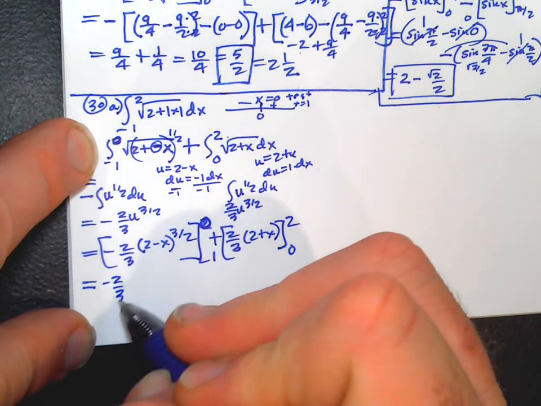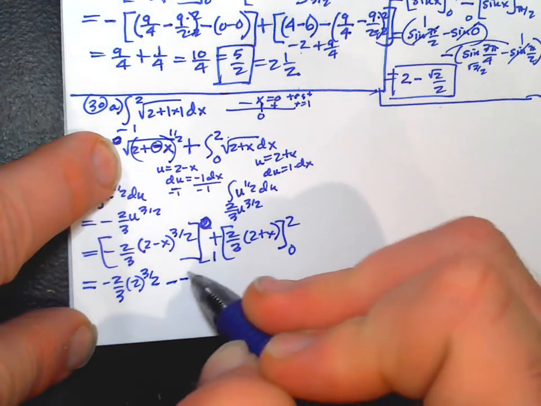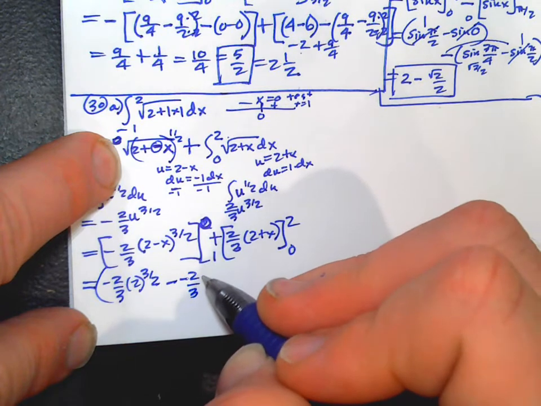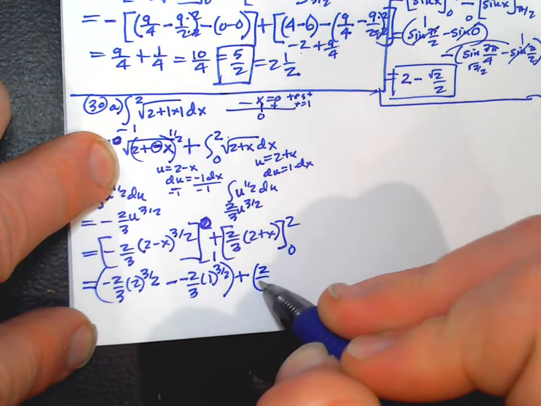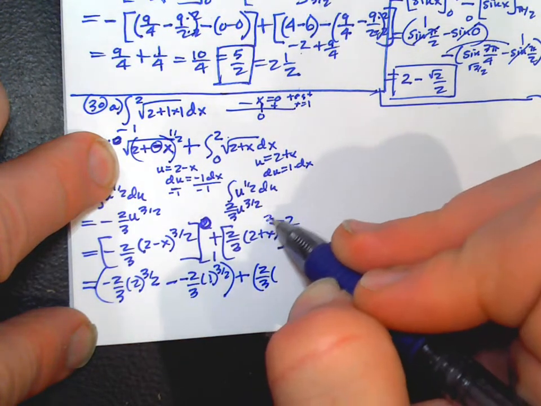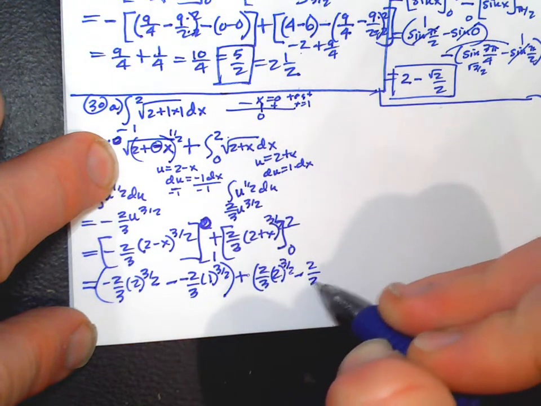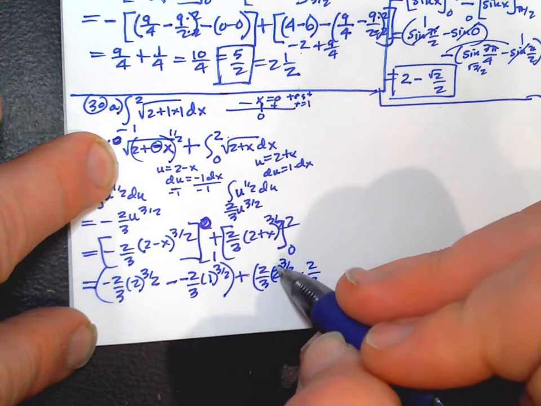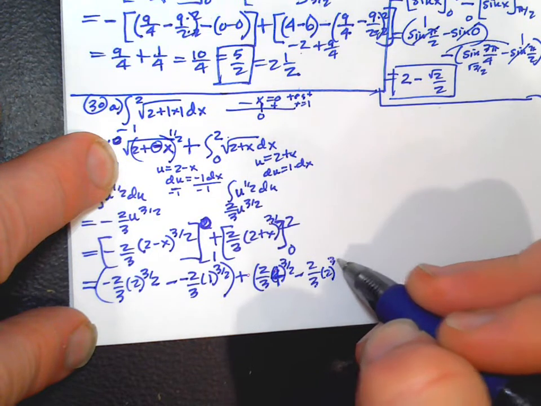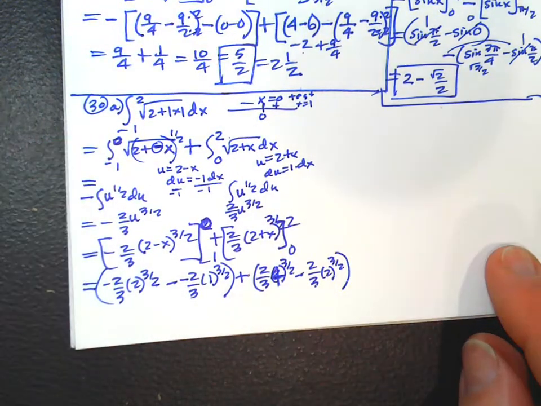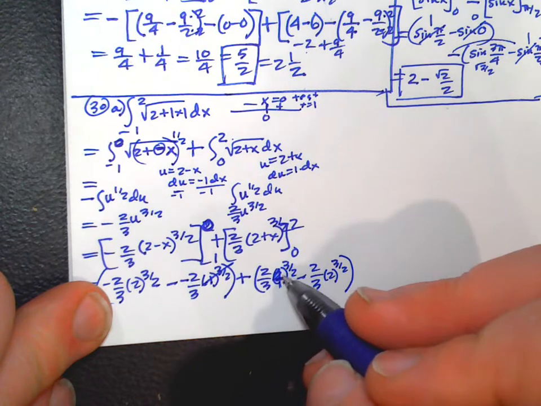Negative 2/3. If you plug 0 in, you're going to get 2 to the 3/2 minus negative 2/3. Plug 1 in, it's going to be 1 to the 3/2. Plus, plug 2 in here, you get 2/3 times 2 to the 3/2 minus 2/3. If you plug 2 in, you get 4. You plug 0 in, and you get 2. All right, so what's that all going to be? That's just going to be 2/3, right?